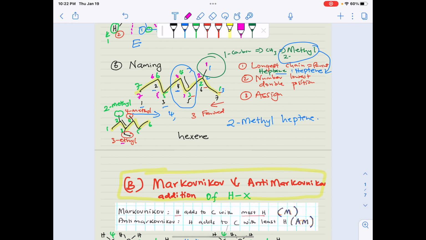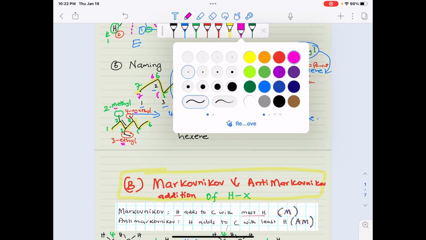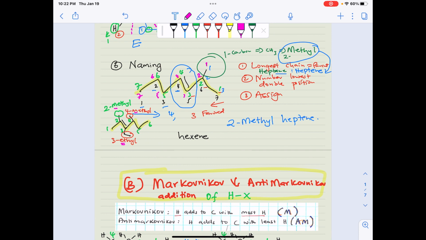Now we want to list them alphabetically. We have ethyl and we have methyl. So E comes before M in the alphabetical order. So we want to start with 3-ethyl. So the name becomes 3-ethyl, and then you put a hyphen to show the other side group.